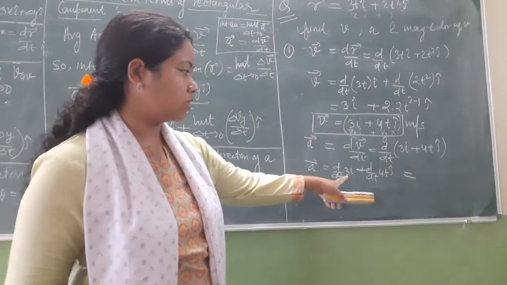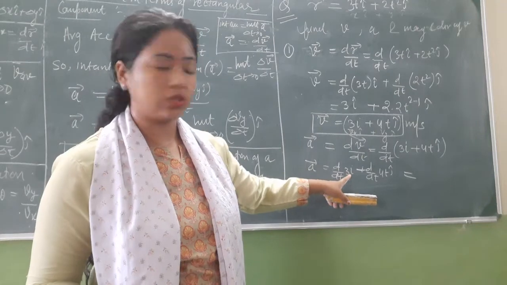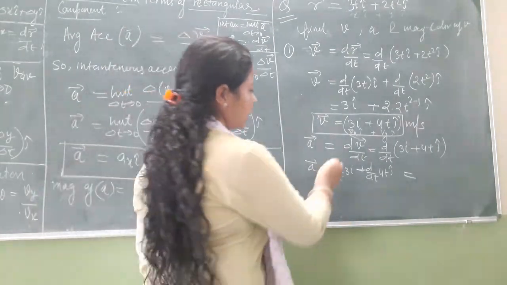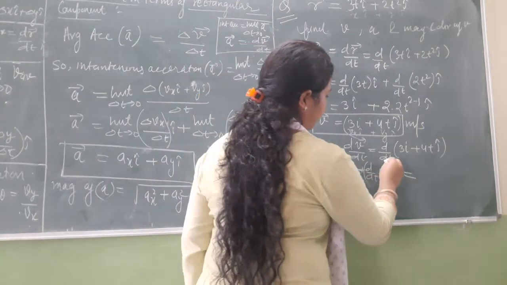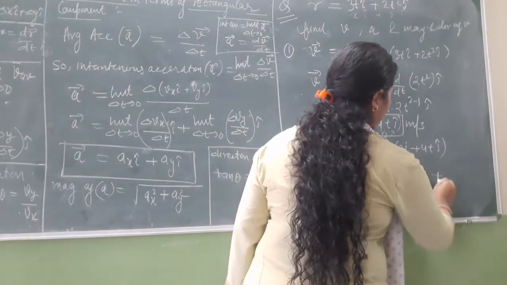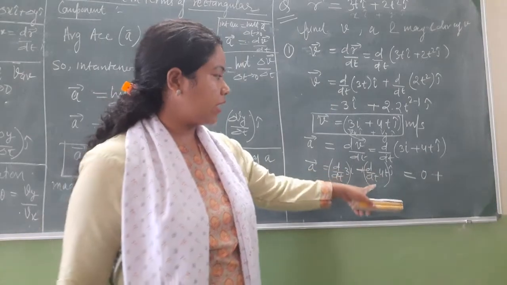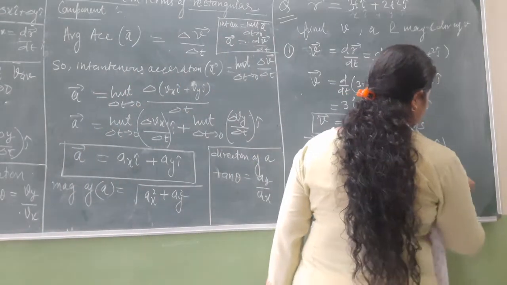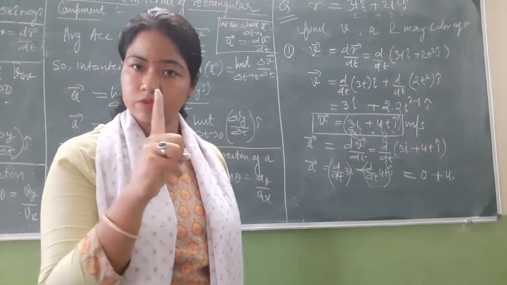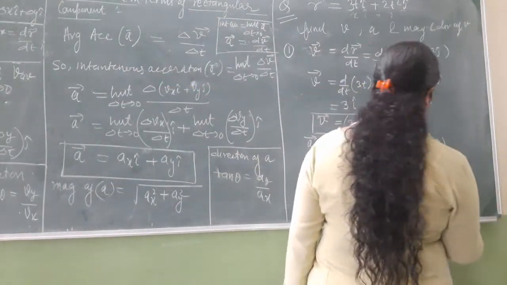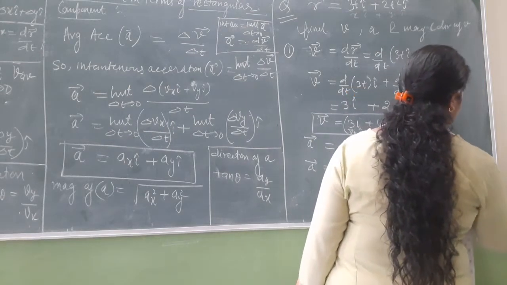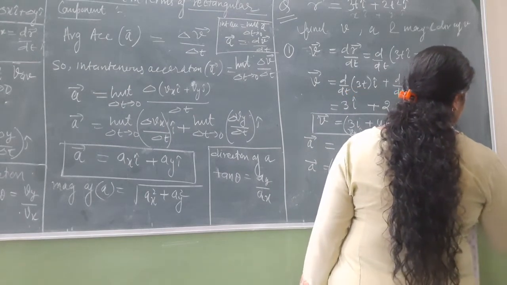Now 3 is constant and i is representing the direction, so this will be treated totally as a constant value. So d over dt of 3 will be 0, plus d over dt of 4t. So 4 will be constant and the differentiation of t will be 1, and 4 into 1 is 4 into j. So you will only have 4j meter per second square.